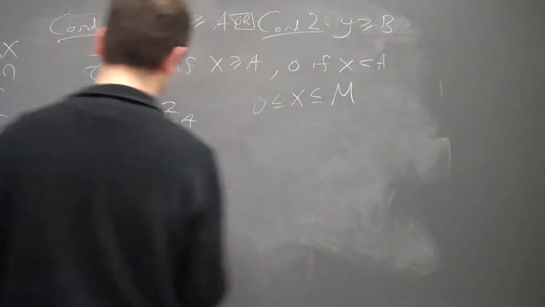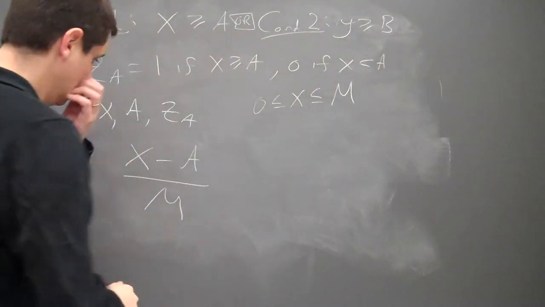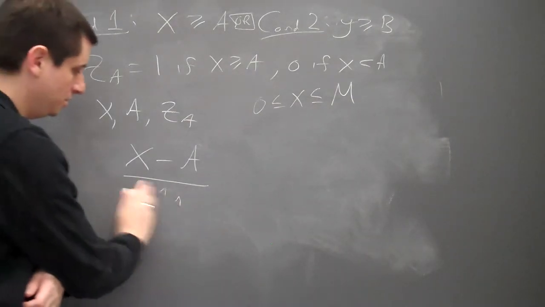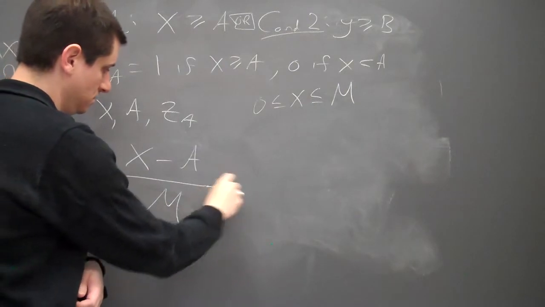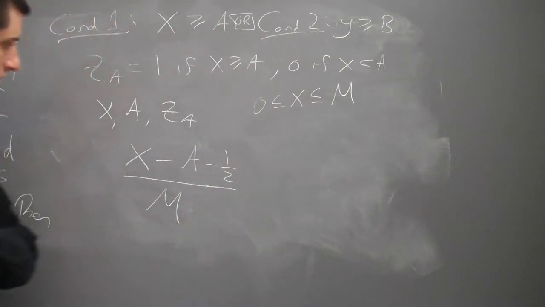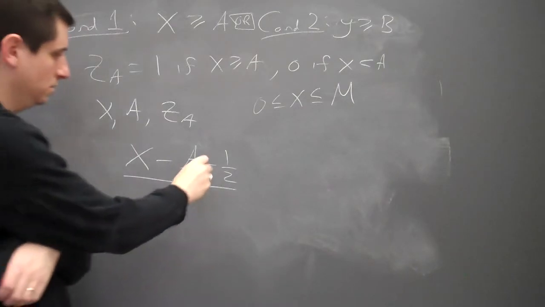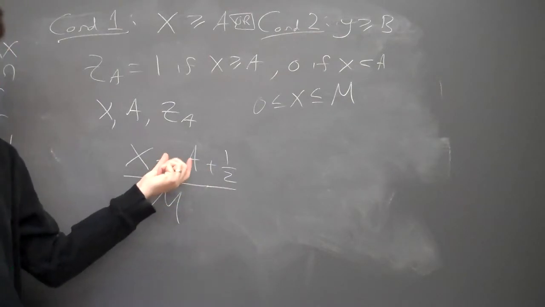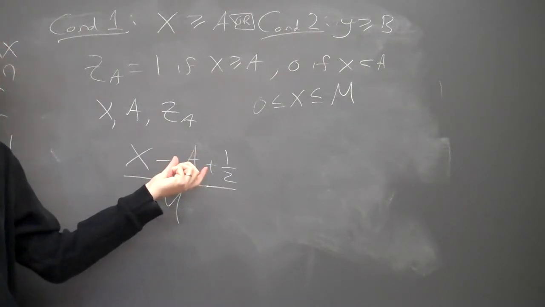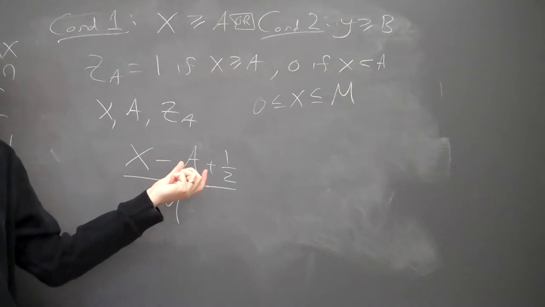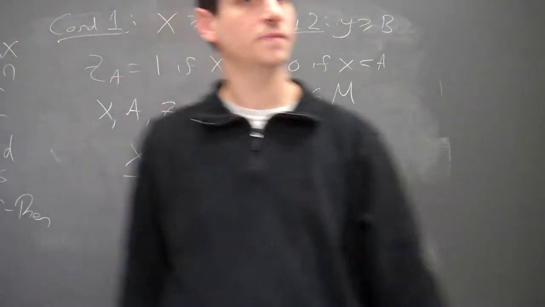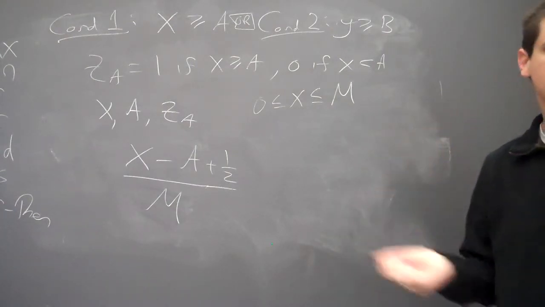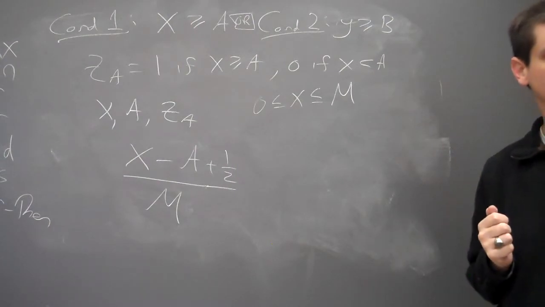So if I look at something like this, if x is less than a, this will be a negative in the numerator. We're assuming they're integers. The world has been discretized. So again, Walmart, you can assume their revenue is discrete.